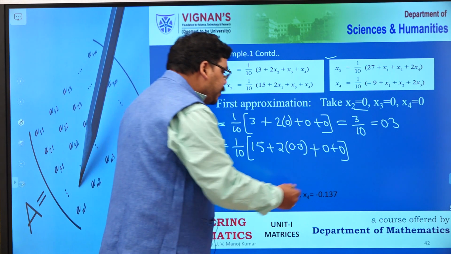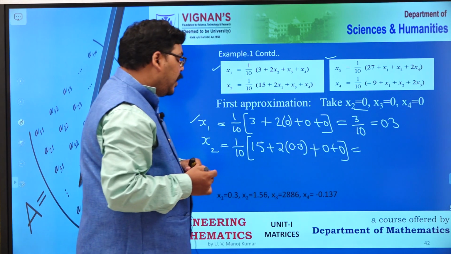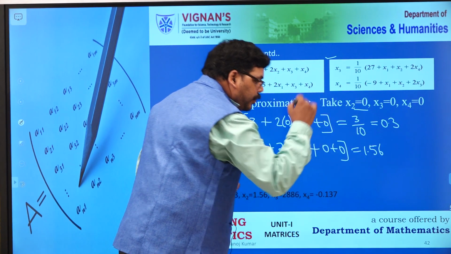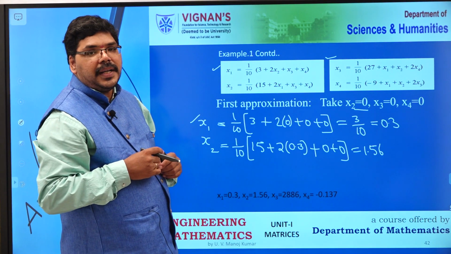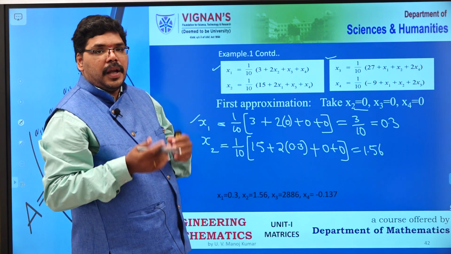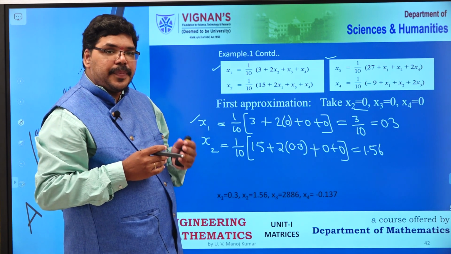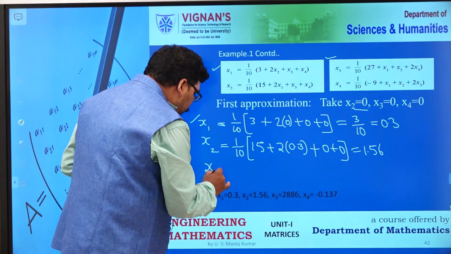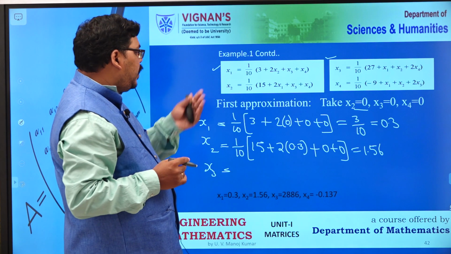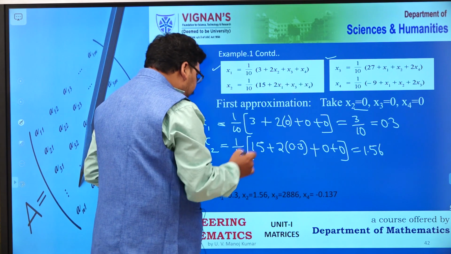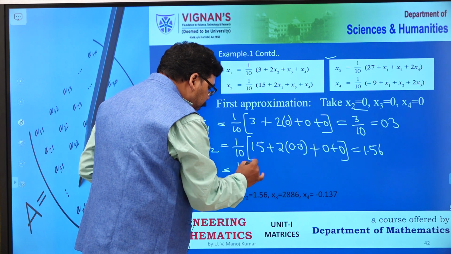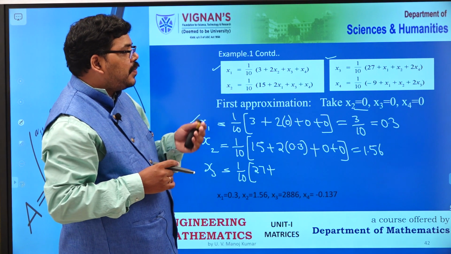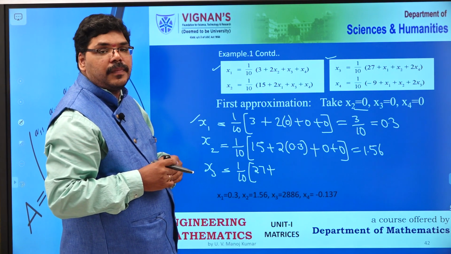If you calculate, you will get x2 equals approximately 1.56. Now I want to calculate the first approximate value for x3. So there is the expression x3 equals 1 by 10 into 27 plus x1 plus x2 plus 2x4.